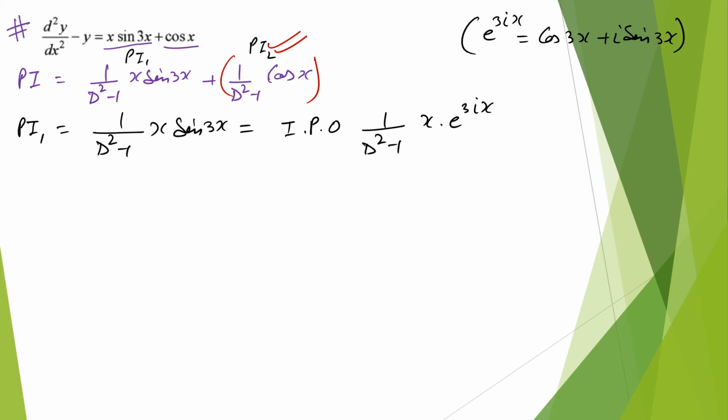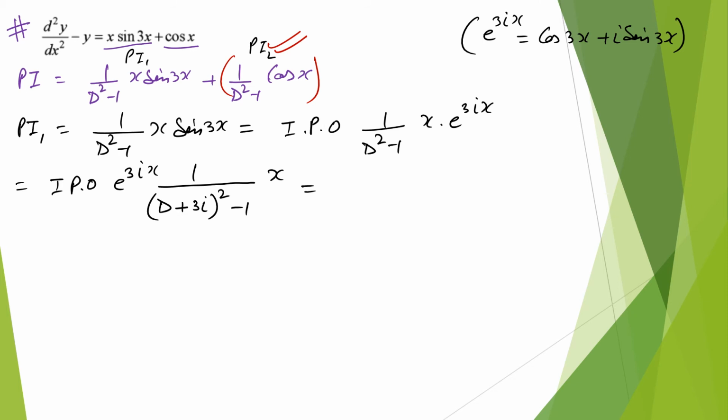So this is the imaginary part of this. Now to solve this portion, we require the imaginary part of e to the power 3 iota x, 1 over d replaced by d plus 3 iota whole square minus 1, and x is the same.